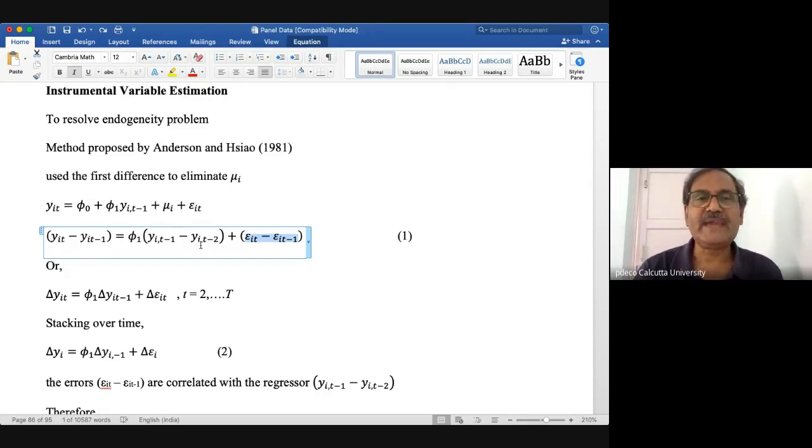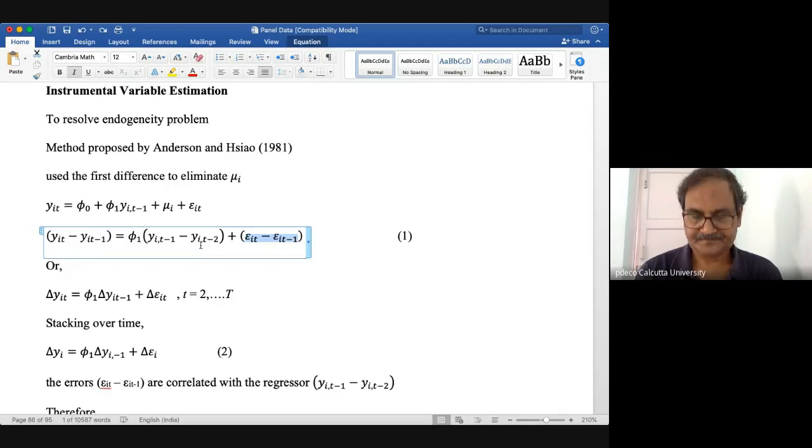So how do you get the instrumental variable? We have to search for a new variable in such a way that it has a strong relationship with the regressor but no relationship with the error.